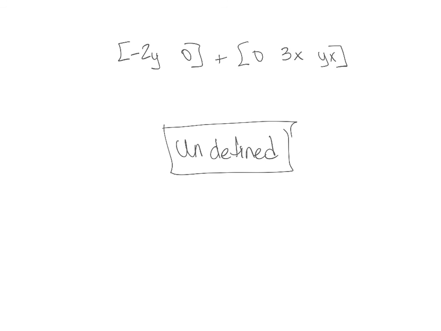So our first matrix is a 1 by 2. Our second matrix is a 1 by 3. Are these orders the same? Nope. And if they're not the same, there's no way you can add them together because you don't know which one corresponds with which. So you cannot add them, so they are undefined.